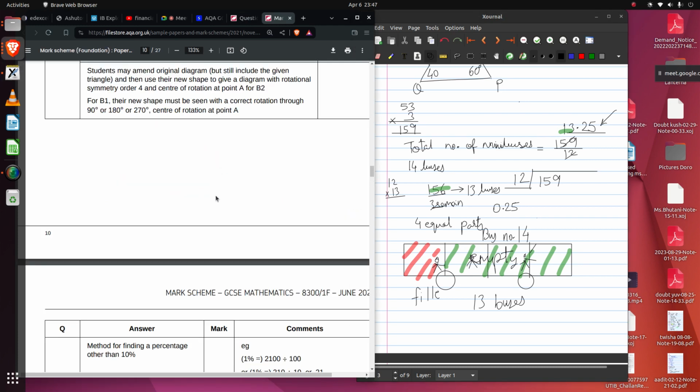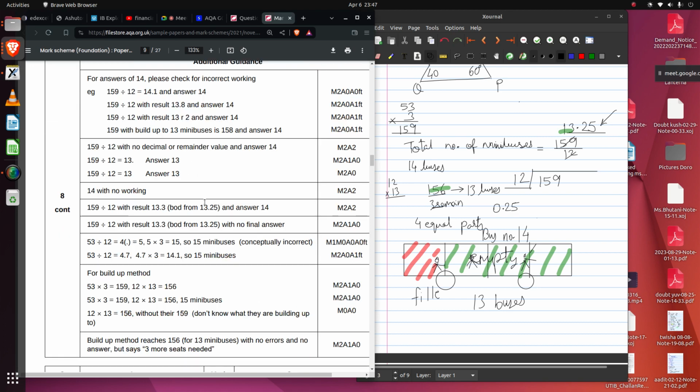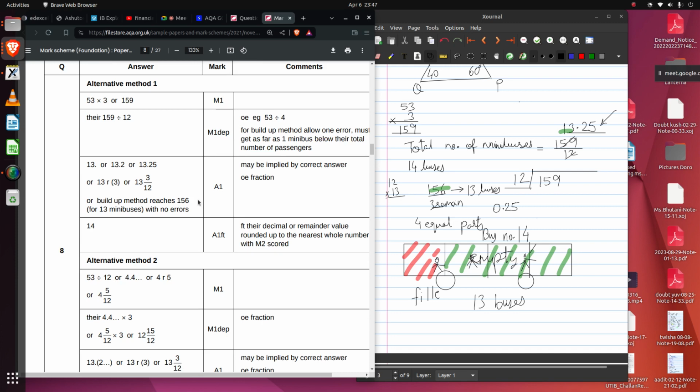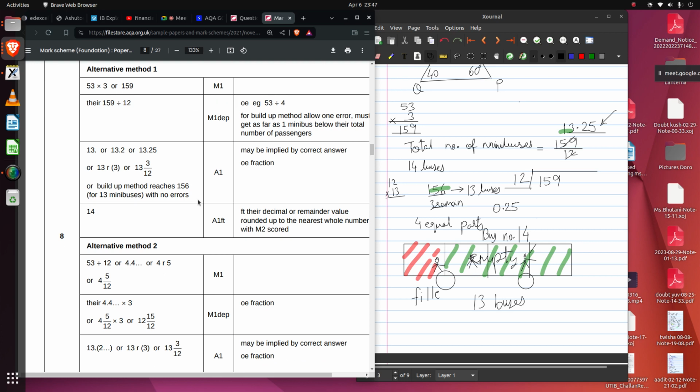If you want to see the explanation, this is how the explanation looks. See. Do you see 13.25? Yeah.